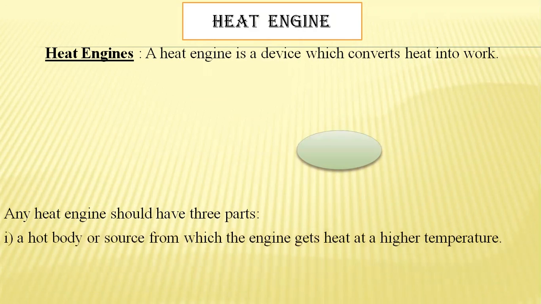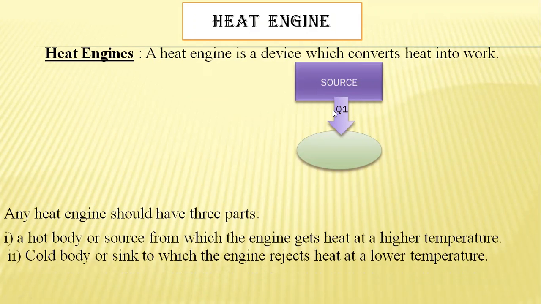First one, a hot body or source from which the engine gets heat at a higher temperature. Now this is the source, which is at high temperature. The engine absorbs the heat from the source. Amount of heat absorbed is given by Q1.